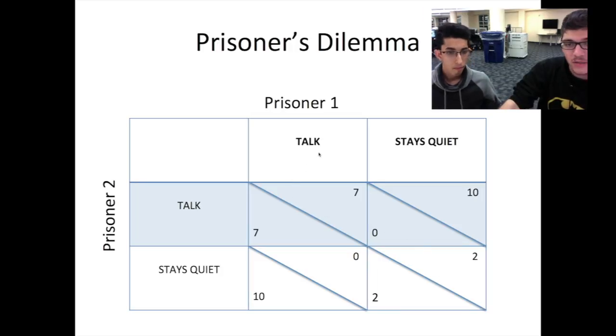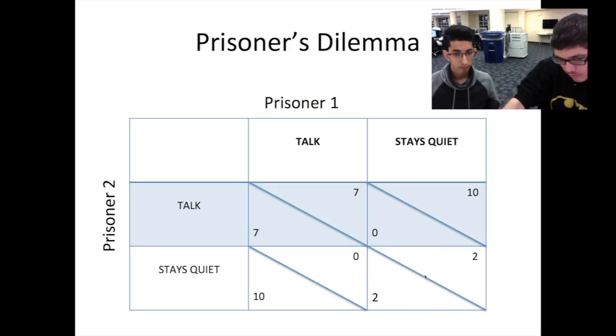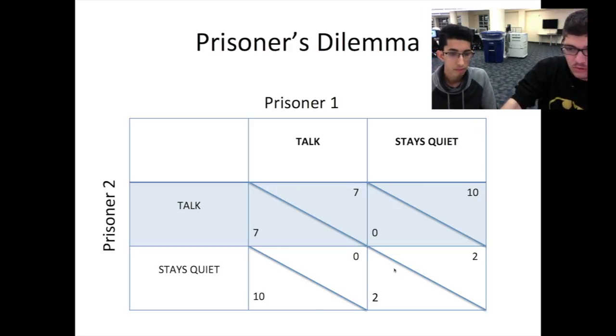So without a system telling them what to do, they're going to end up in the worst outcome possible. And if there's a system that tells them to stay quiet and not talk, you're going to end up here, where they both still go to jail, but for much less time in total, for the group benefit.